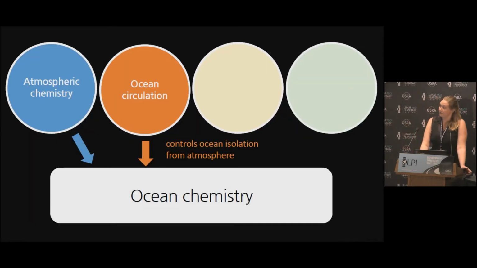So we can say that ocean circulation plays a really critical role in determining the composition of our ocean because it's really the controlling factor on the degree of isolation between the atmosphere and the ocean.